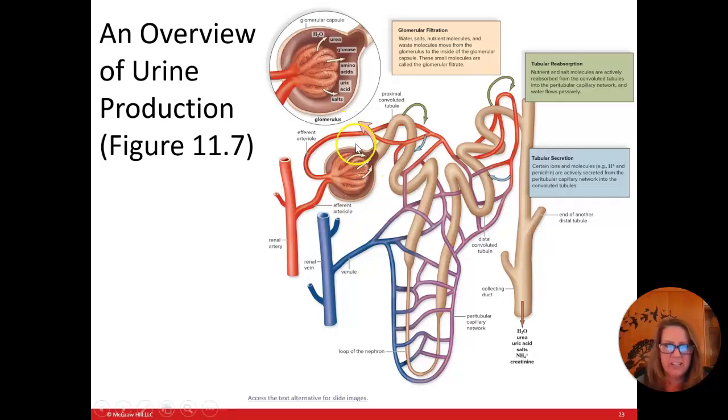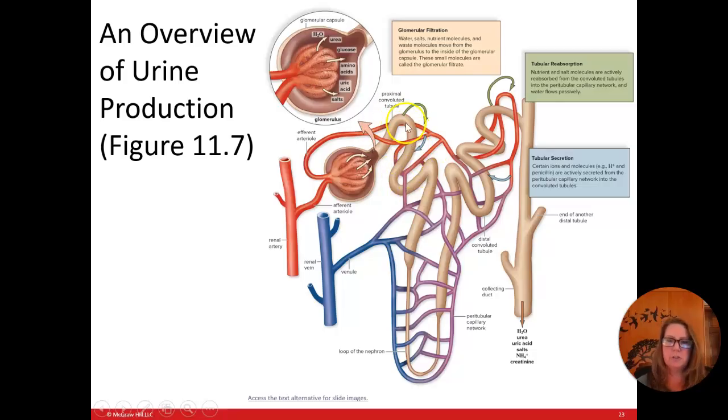Okay, so we're here in the glomerulus, inside the glomerular capsule. This afferent arteriole had brought these materials in here, and the podocytes are going to facilitate the movement of these various products into the glomerular capsule. Then these materials are going to move through the proximal convoluted tubule.